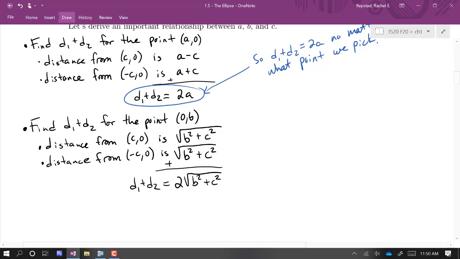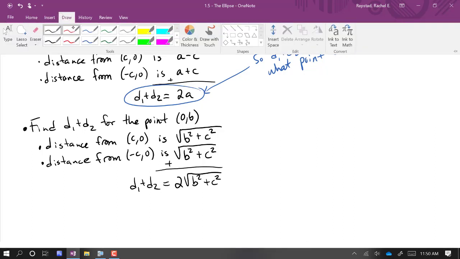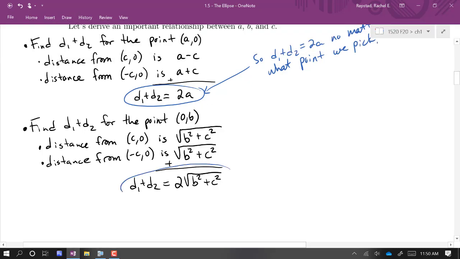But look, we've already figured out that the sum of the distances doesn't change. And so here we have d1 plus d2 is 2a, and at the same time d1 plus d2 is 2 times the square root of b squared plus c squared.